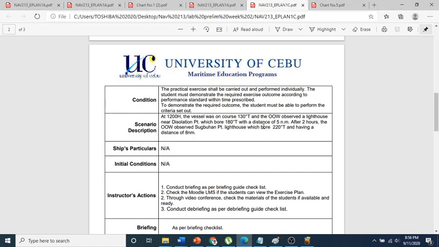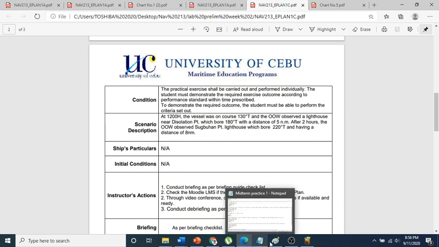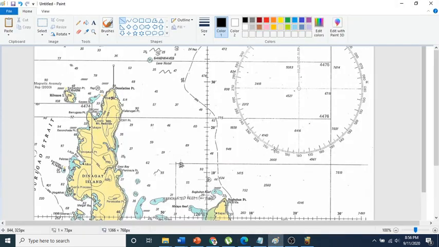The second scenario is that after 2 hours, the OOW observed the Subuyan lighthouse which bore 220 degrees, having a distance of 8 nautical miles. So 220 degrees and 8 nautical miles.